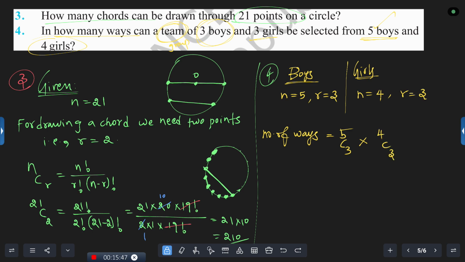So you have to multiply boys and girls. Have you understood? From 5 boys, 3 boys are selected, so 5C3. From 4 girls, 3 girls selected, 4C3. Now you apply it.